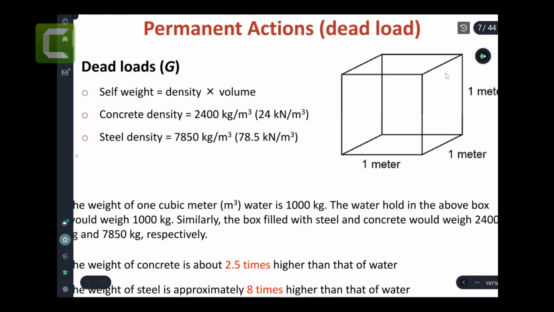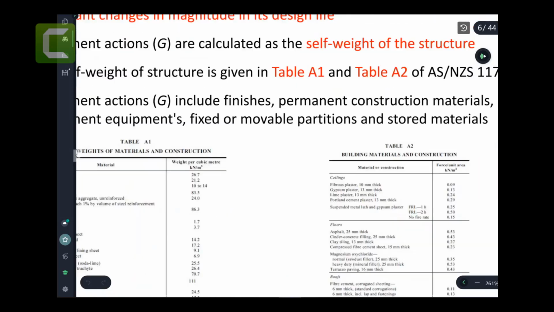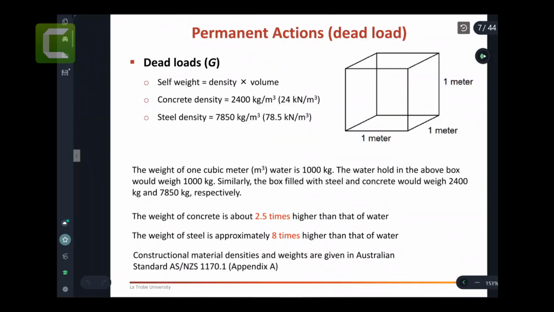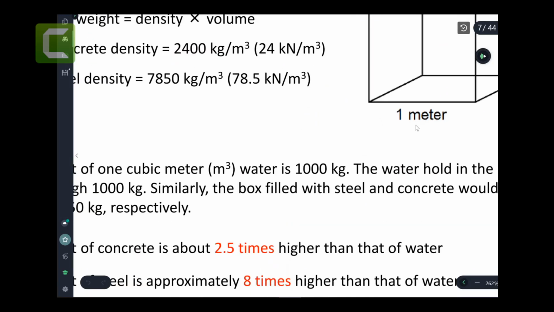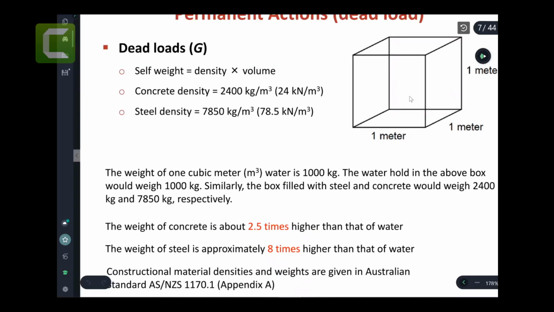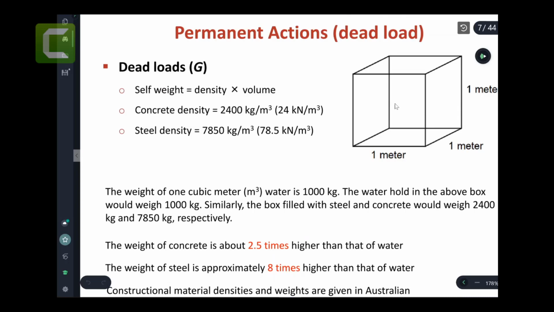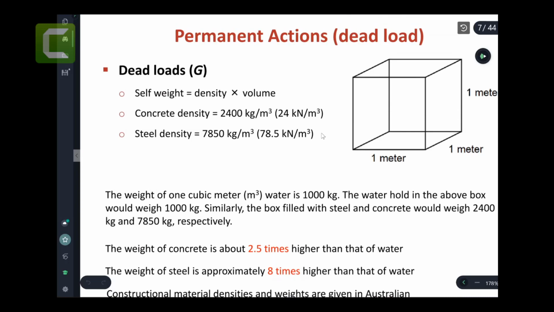What you're going to do simply is multiply the density, which if it was pure concrete, not reinforced concrete, because reinforced concrete is 2,500 as it's got a little bit of steel inside it, but here it's pure concrete, it's 2,400, and this is again written in the tables I showed you here. So if you've got that 1 meter cube of concrete, its weight is going to be the density multiplied by 1 by 1 by 1.